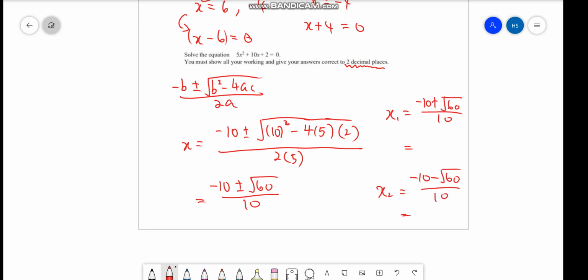So x1 is -0.23. Then the last one, x2, should get -1.77. So this is how you do the expansion and factorization. That's it.